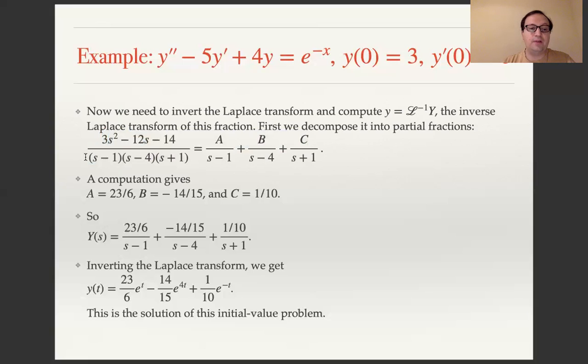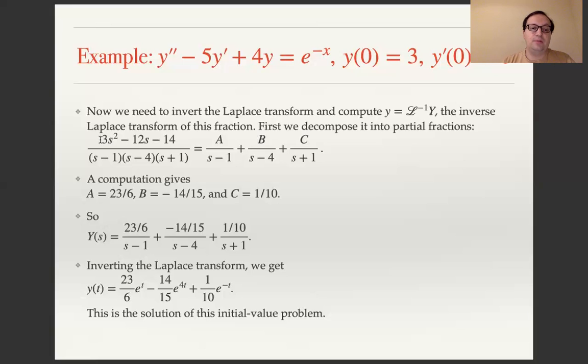So here we have s minus 1 times s minus 4 times s plus 1. So then the decomposition into partial fractions will be some constant over s minus 1 plus some other constant over s minus 4 plus another constant over s plus 1. And the three constants a, b, and c will depend on the numerator.